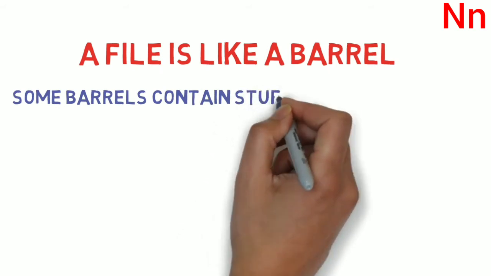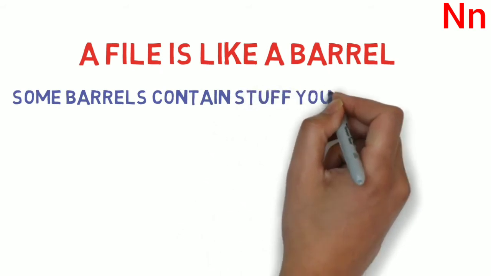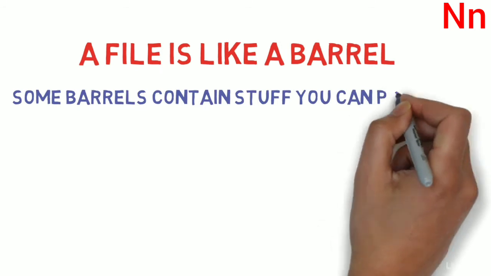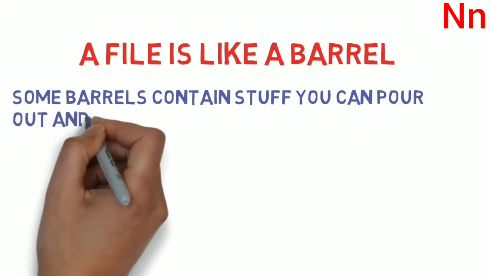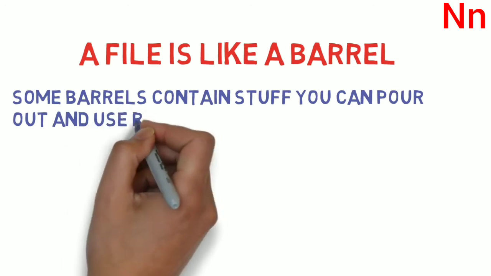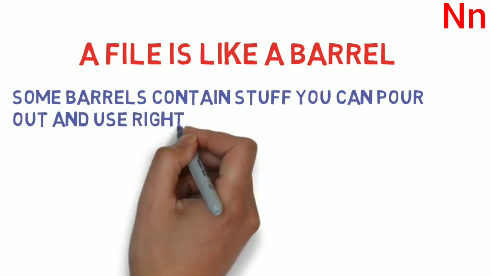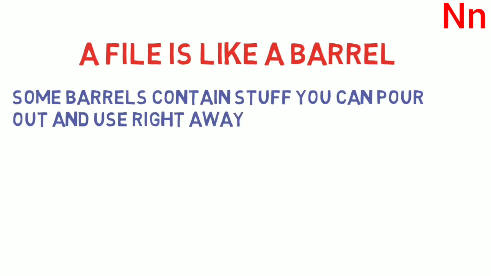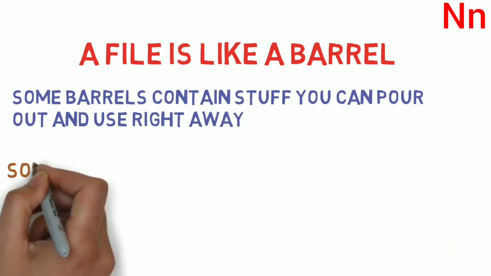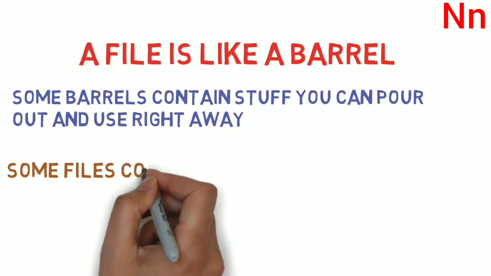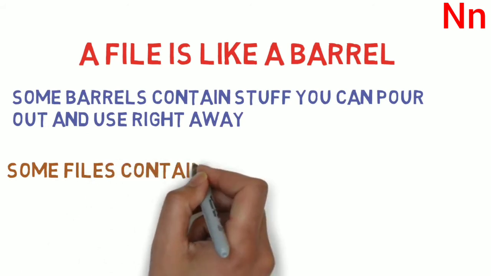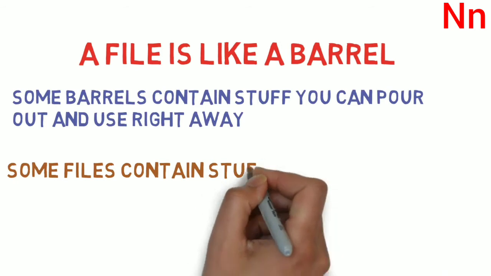You don't need to do anything with it first before you can use it. Similarly, some files contain stuff that you can take out and use directly without processing it first.